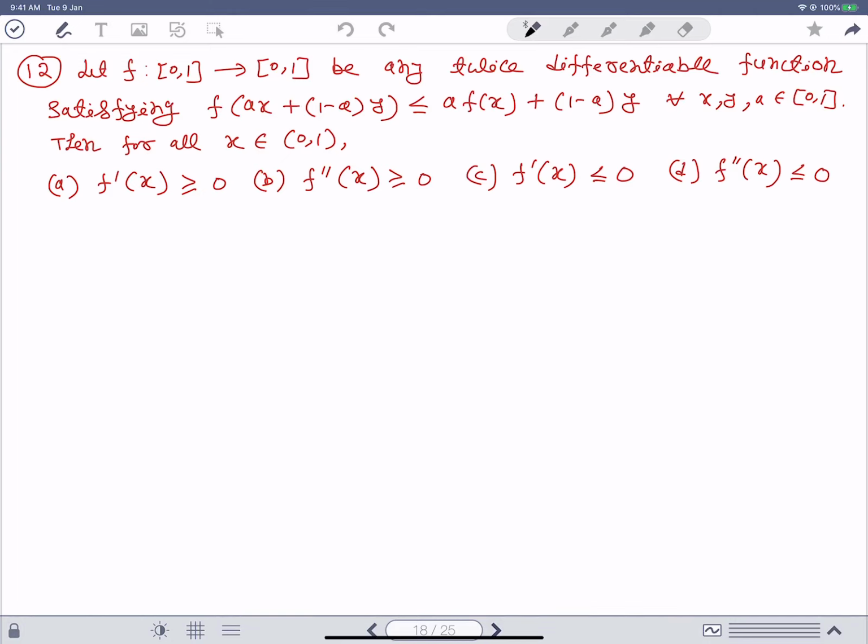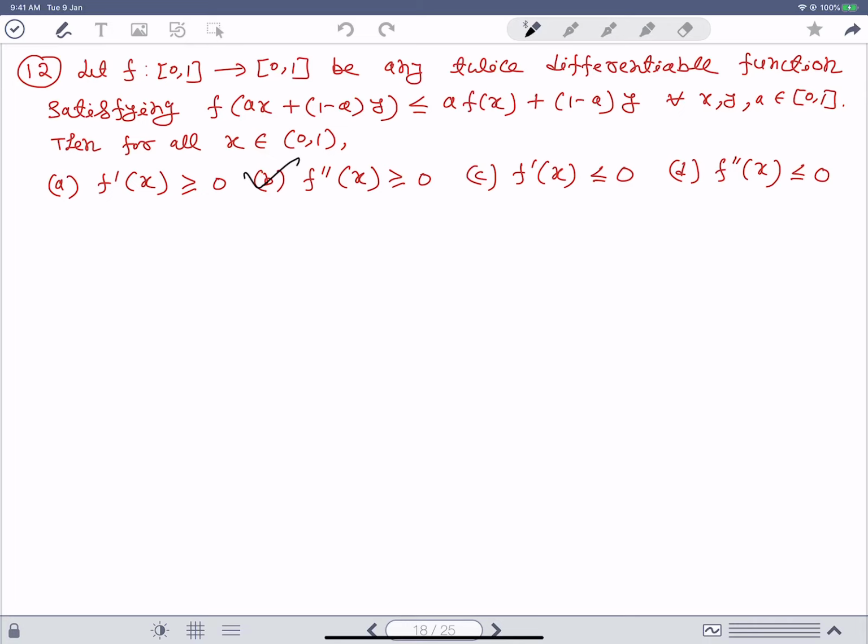Remember that they are hiding the information that it is convex, and then they are asking many options. Obviously we know, since it is a twice differentiable function, convexity implies this, right. So we know this one. Now what about the others? Can you just remove the other options A, B, C, D?